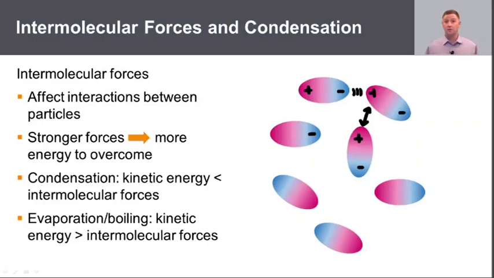Substances with strong intermolecular forces, such as ionic compounds and polar covalent compounds, tend to have much higher boiling points than do nonpolar covalent compounds. Ionic compounds have higher boiling points than polar covalent compounds because ionic bonds are much stronger than dipole-dipole interactions.